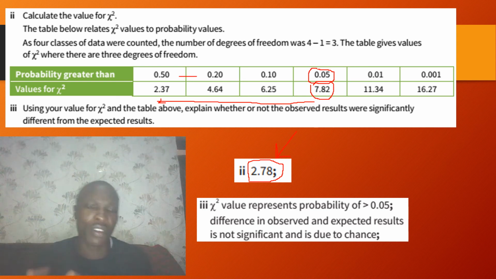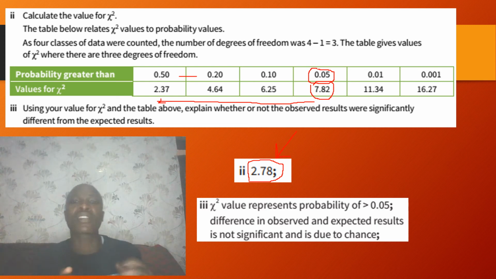This means that the probability is far greater than 0.05.